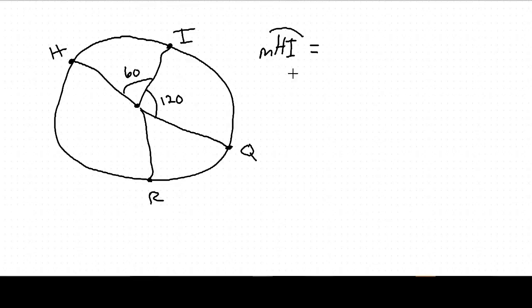Oh, so 60. This means the degrees. This means the arc length. So you don't know that. Well, we can find it, right?